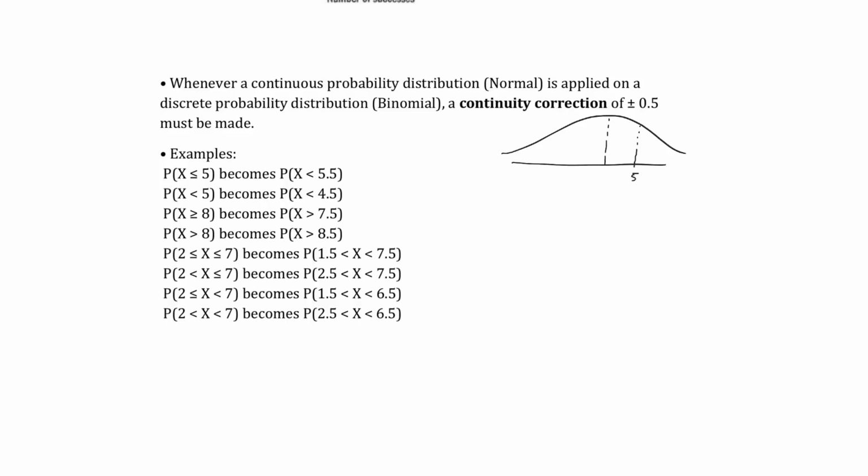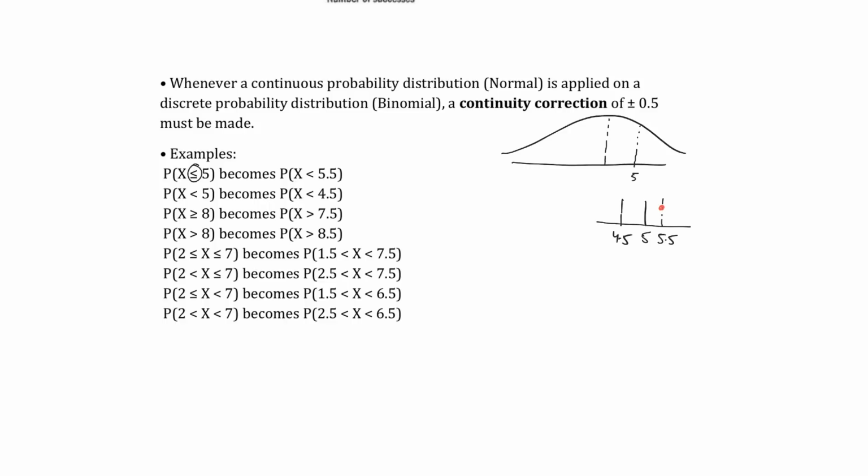Now you have to apply continuity correction, and the boundaries of 5 would be 5.5 and 4.5. You want x less than or equal to 5, which means that 5 is included. So you will have to decide which boundary to take, either less than 4.5 or less than 5.5. You will select the boundary which also covers the region for 5.